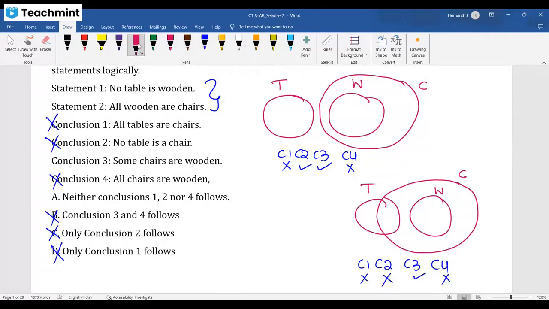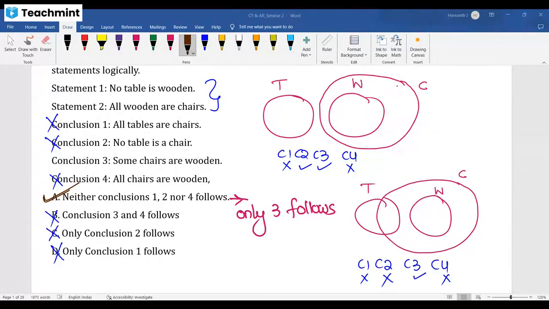The beauty of this question is that option A is nothing but only three follows. Guys, see, they said 1 to 4 is wrong. Only three follows. That's option A. Instead of saying only three follows, they gave the option in that way. Excellent question, actually. Here only three follows is what they want to convey.